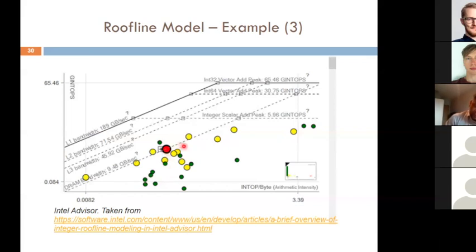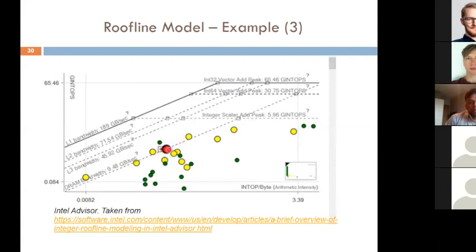But if we look carefully at this red dot, we can see that it is DRAM bandwidth bound. It means the loads and stores are happening basically from DRAM. That's why the execution time is very high.